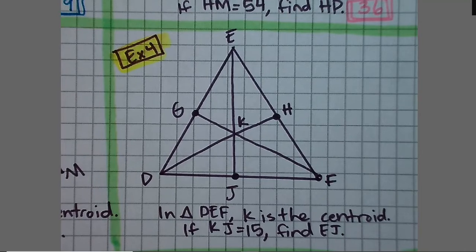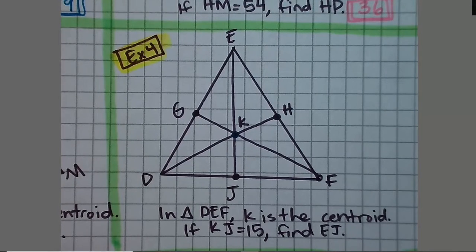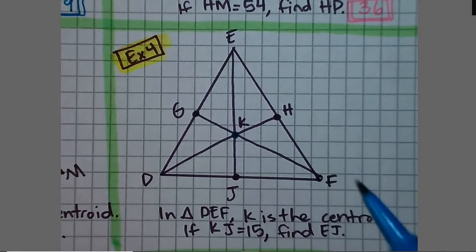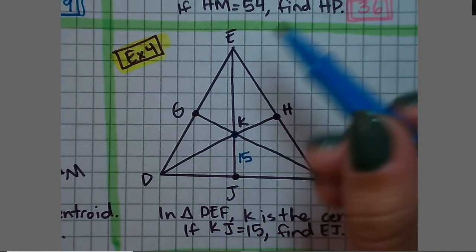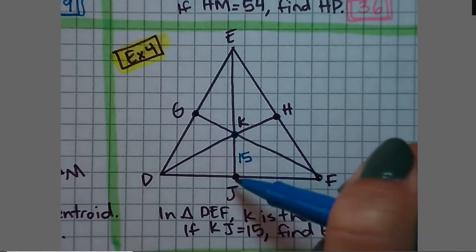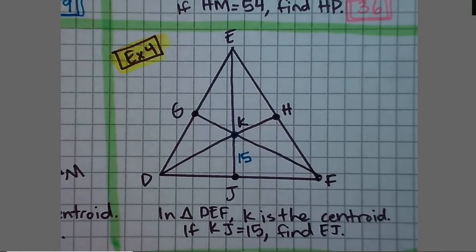So example number 4, in triangle DEF, K is a centroid. If KJ equals 15, then find EJ. Okay, so KJ is right here. That's 15. And we're being asked to find the entire segment EJ here.